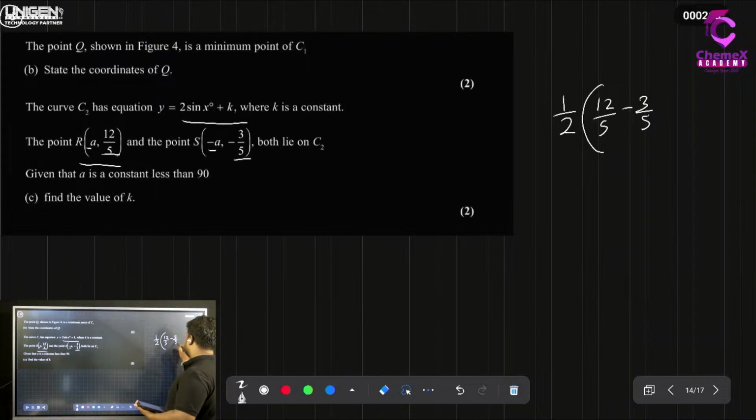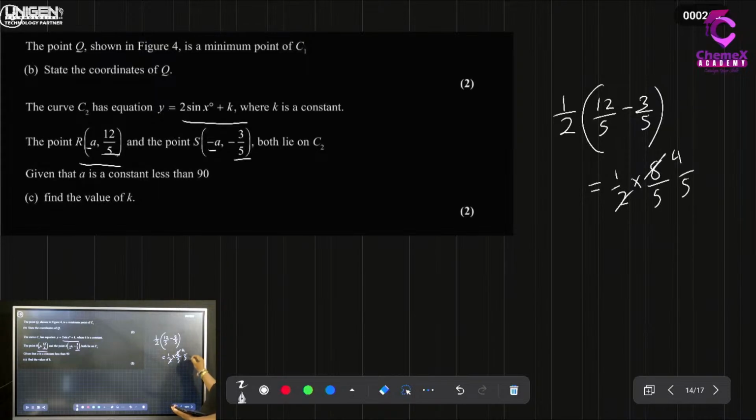That will be equal to half times 8 over 5, so 4 over 5.